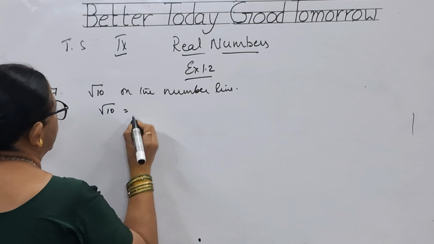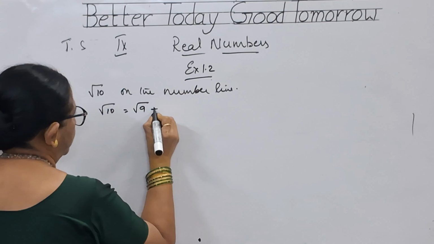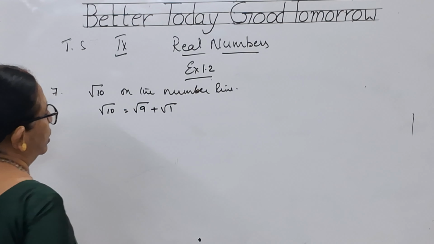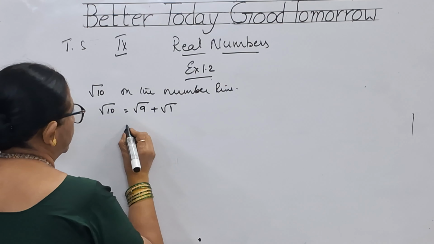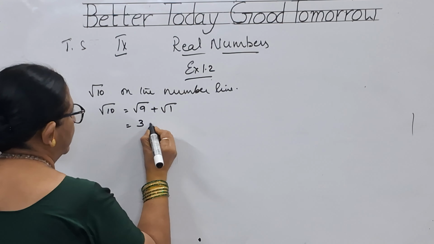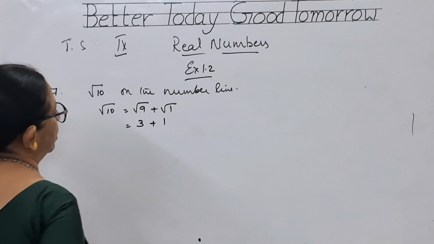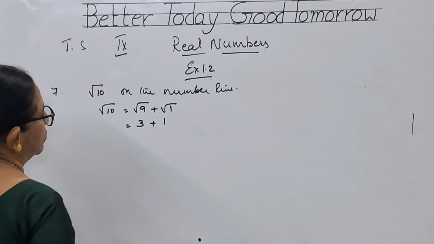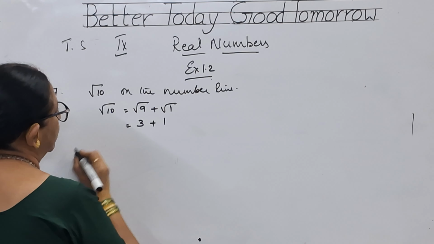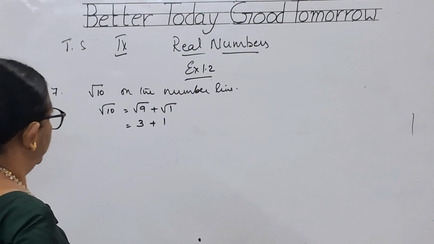Root 10 is nothing but root 9 plus root 1. That means root 9 is 3 plus root 1 is 1.